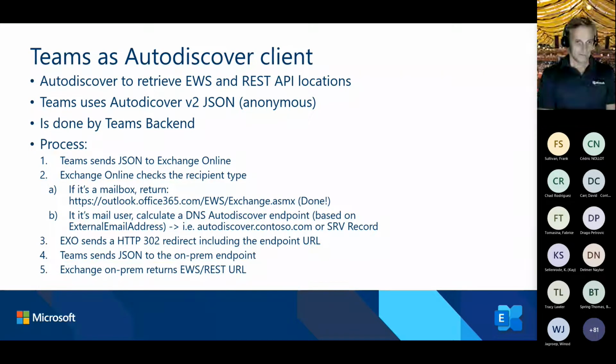And then Teams sends the JSON request to the on-premises endpoint, in order to retrieve the EWS namespace or REST namespace in that case. So this is how it works. And we'll have a brief look in a moment at how this can actually be tested.